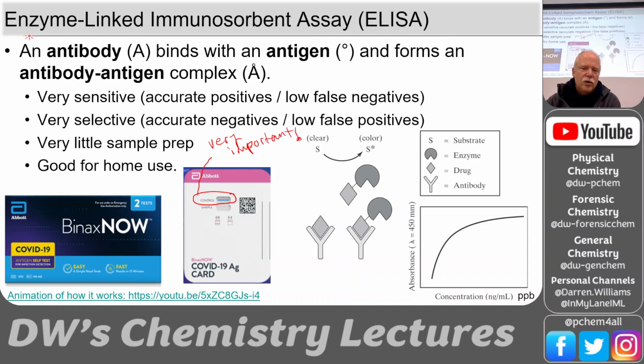Why is a control so important in these particular setups? We have this thing here, this enzyme, and we have antibodies, which are also made of a protein of some sort. Okay.